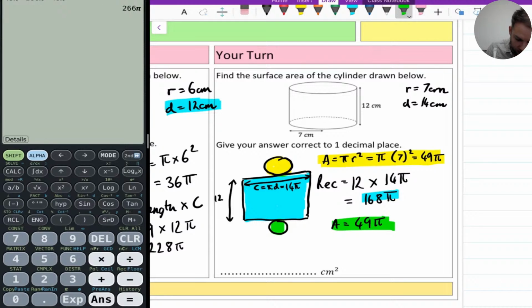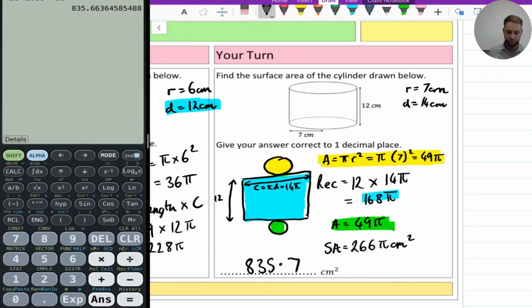Now they've given it an STD, so I'll do it non-calculator as well. If it was non-calculator, the surface area would be equal to 266 pi centimeters squared. But they want it to one decimal place, so change S to D. That 6 means I'm going to round up, so it's 835.7 centimeters squared. Brilliant.